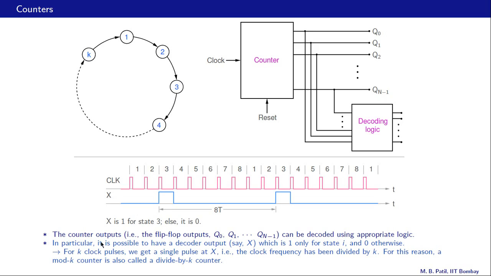So let us make that remark. It is possible to have a decoder output, say X, which is 1 only for state i, in this case the third state, and 0 otherwise. So for K clock pulses, we get a single pulse at X, that is, the clock frequency has been divided by K. And for this reason, a mod K counter is also called a divide by K counter. So this counter, for example, would be called a divide by 8 counter.